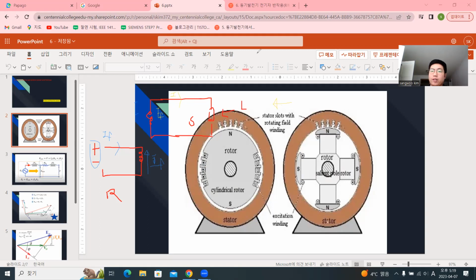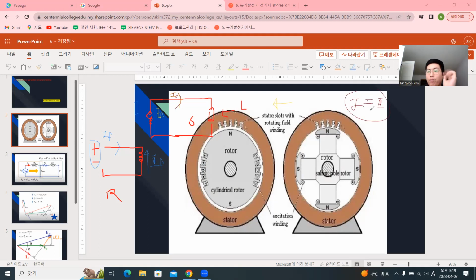But if we add a load, it makes a current I right here. Because of Lenz's law, the current I and flux always happen at the same time.